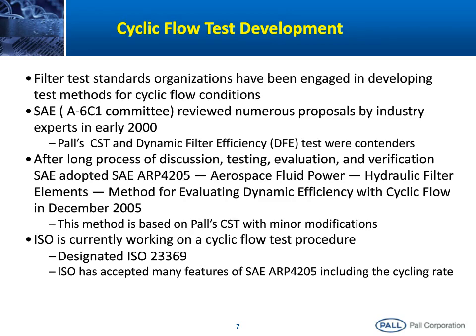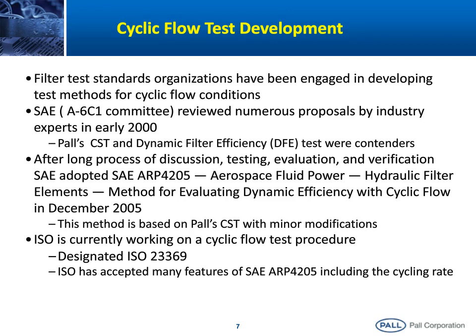After a long process spanning almost 5 years that included thorough discussion among industry experts, testing and verification between labs, the SAE committee adopted Pall's CST method with minor modification. This method is now called SAE ARP 4205.